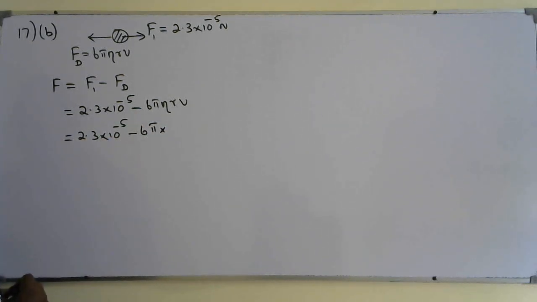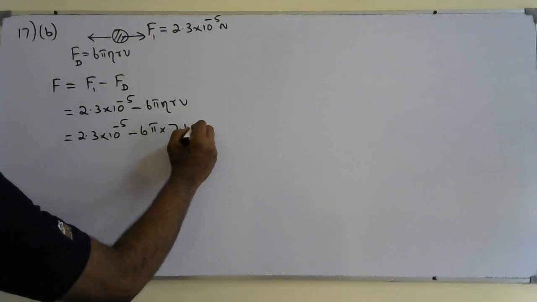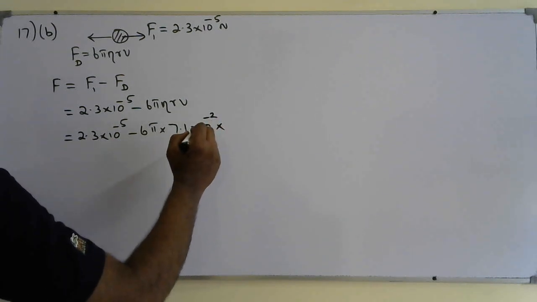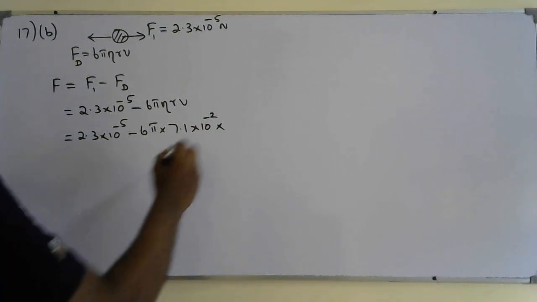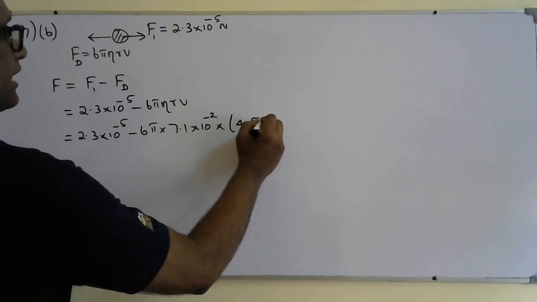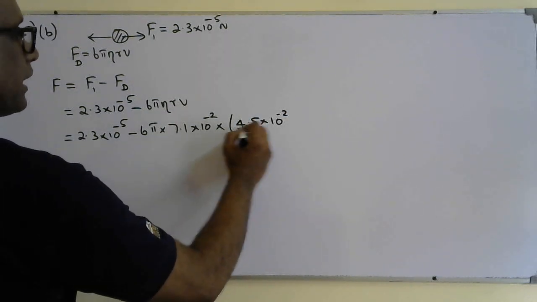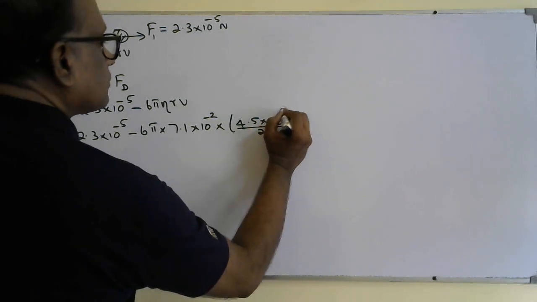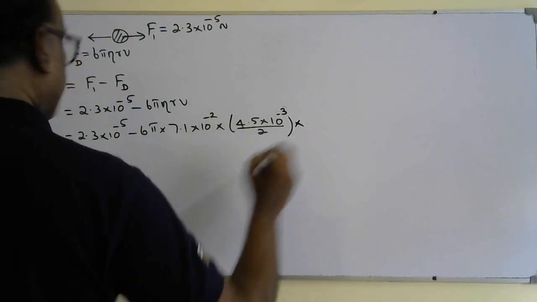The viscosity is given as 7.1 × 10^-2 Pascal second. The diameter is given, so we divide by 2: 4.5 centimeter converted to meter, divided by 2, 10^-3, sorry. Into V, the speed is given.